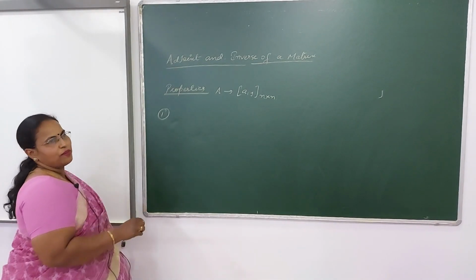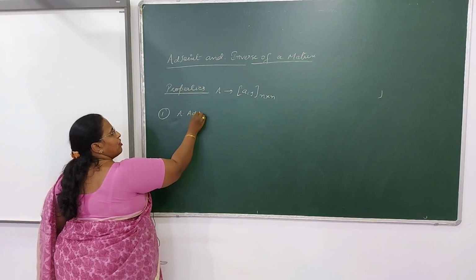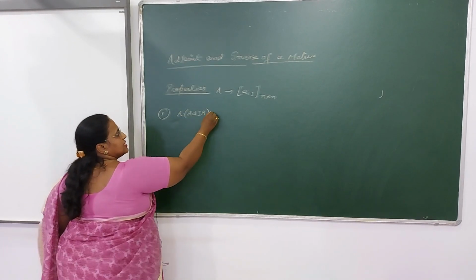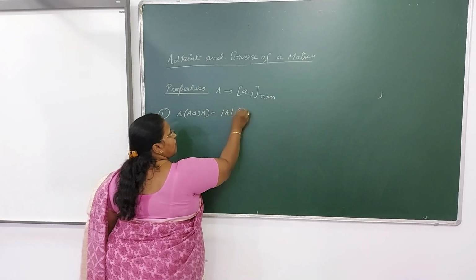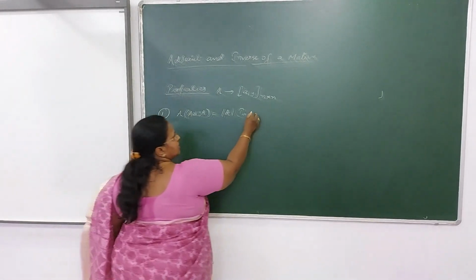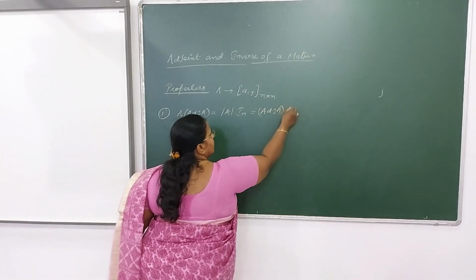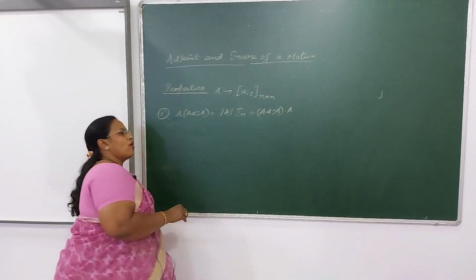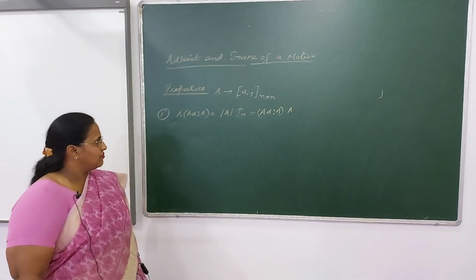Now what this first property says? A into adjoint of A is equal to determinant of A into In, and this is equal to adjoint of A into A. Very important property. This property comes for verification also.